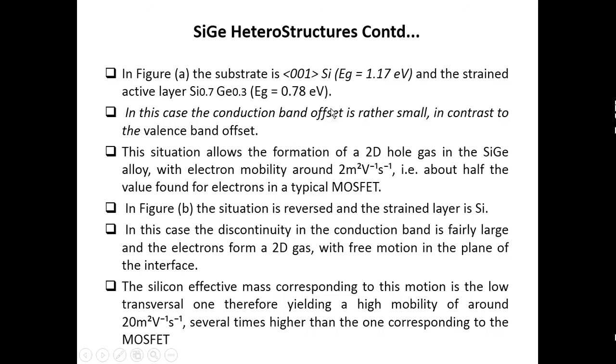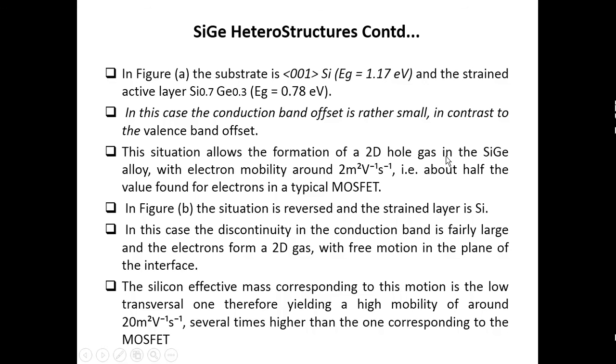Actually, this particular condition of the substrate over which the Si-Ge layers are grown forms a 2D hole gas, not an electron gas, in the Si-Ge alloy, because here the active layer is Si-Ge.